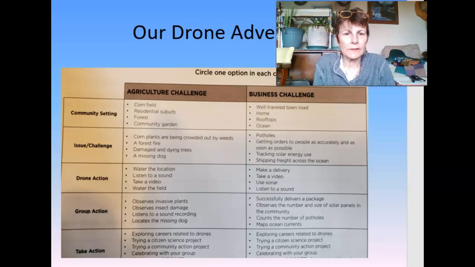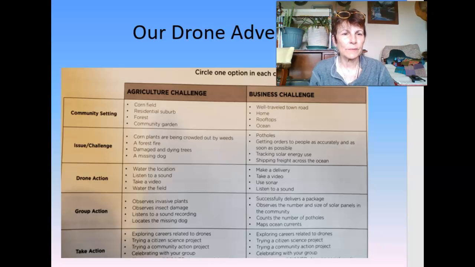Okay, so here is the list zoomed up closely. So we have maybe a community setting as a cornfield, and we're looking for bugs that might kill crops. We're on the ocean, and maybe we're looking to see what fish are jumping to catch, or how bad storms, or if there's a tsunami coming.